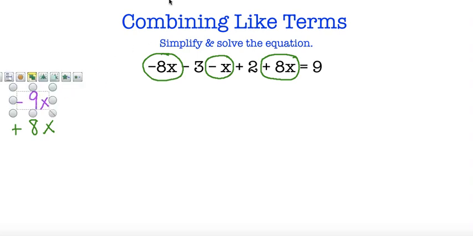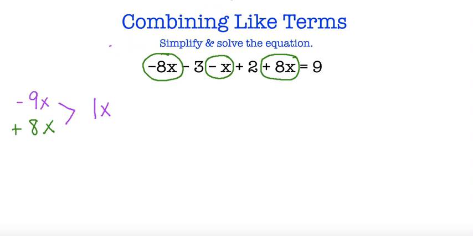So I have negative 9x and positive 8x. The signs are different, so I don't add, I actually subtract. So 9 minus 8 is 1, x. And then I look at my two numbers, so negative 9 and positive 8, and see whichever one has a greater absolute value. In this case, it's negative 9.